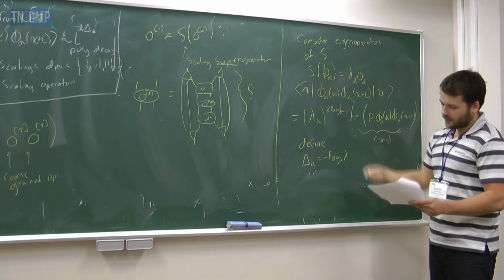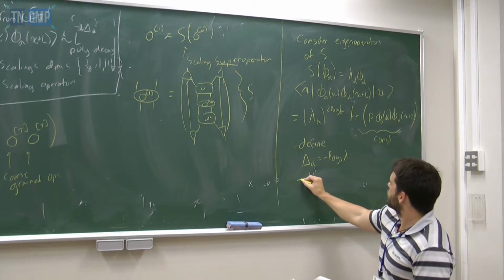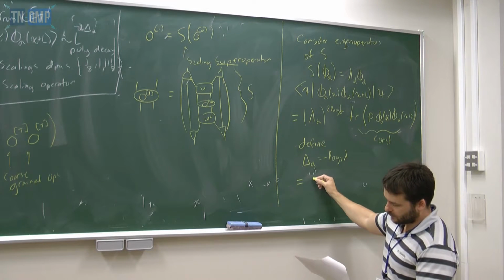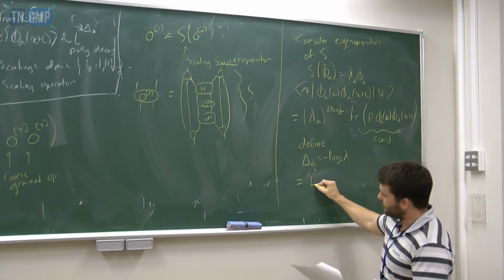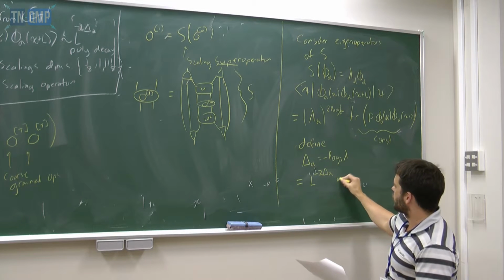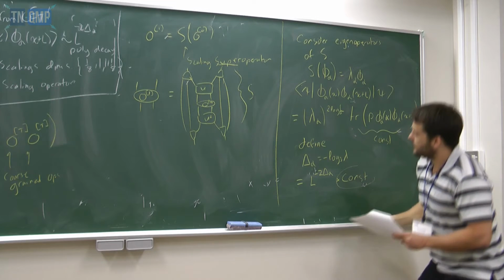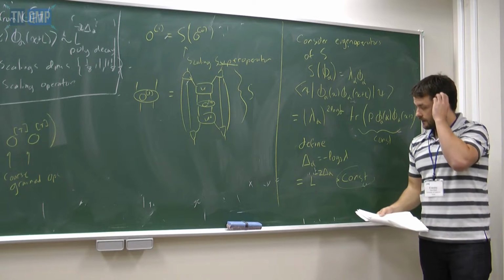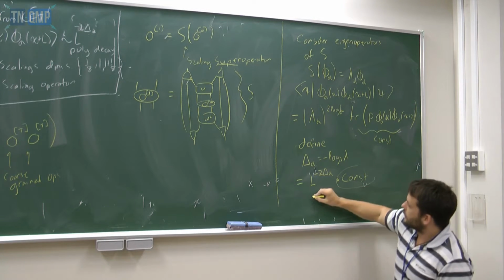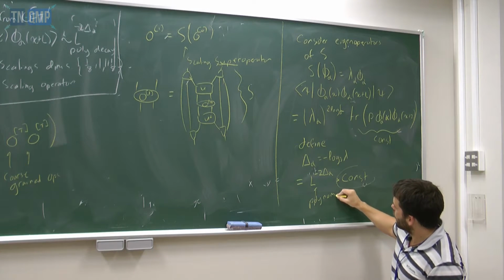When I put delta alpha in here, my 2-point correlator equals, I do some algebra, it comes out as L to the minus 2 delta alpha, times this overall constant that I don't care about, but the scaling, okay, this is exactly polynomial scaling.